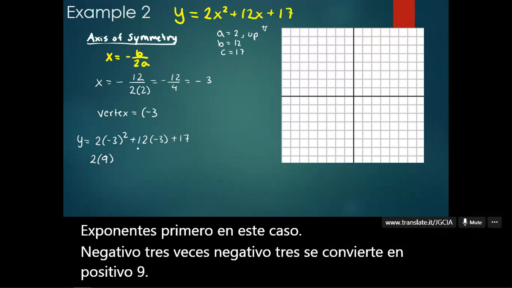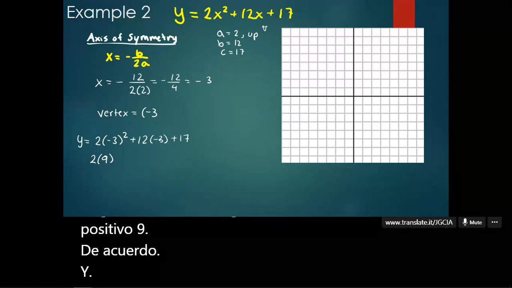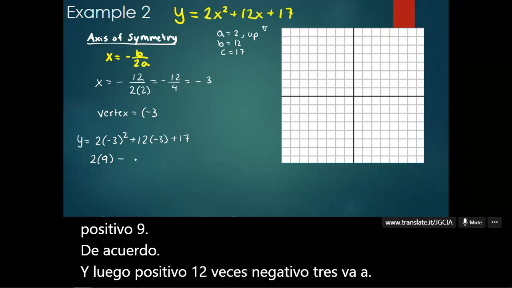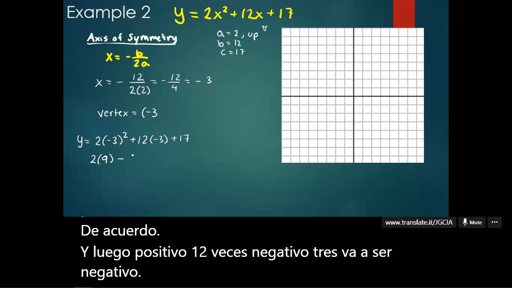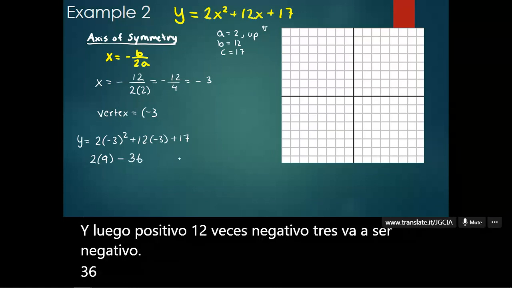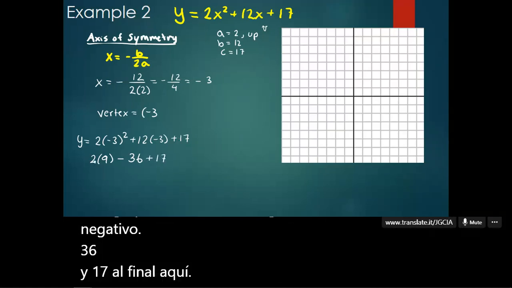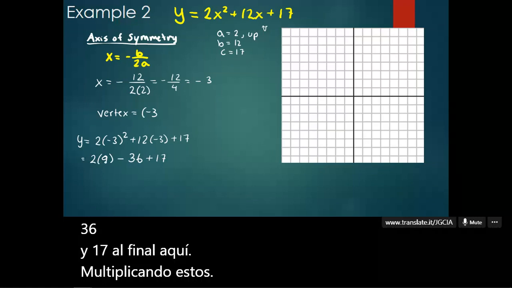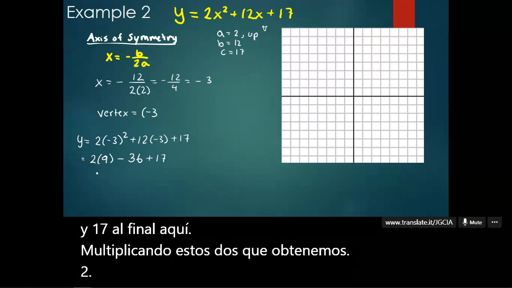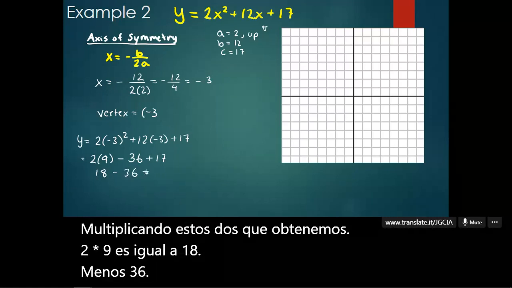Okay? And then positive 12 times negative 3 is going to become negative 36. And 17 is at the end here. Multiplying these two, we get 2 times 9 is equal to 18 minus 36 plus 17.